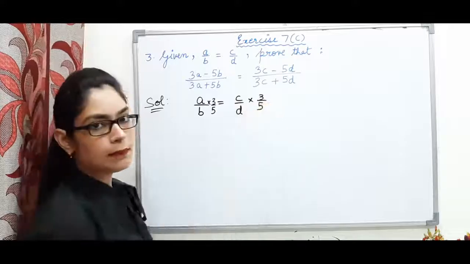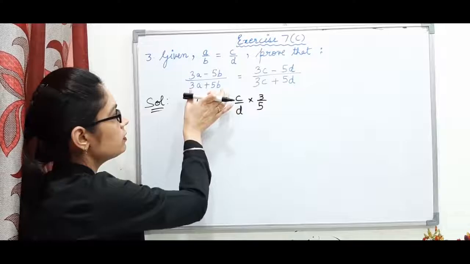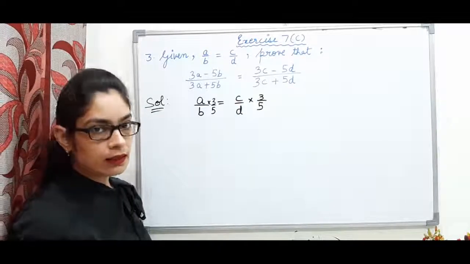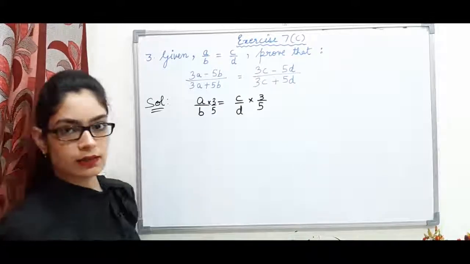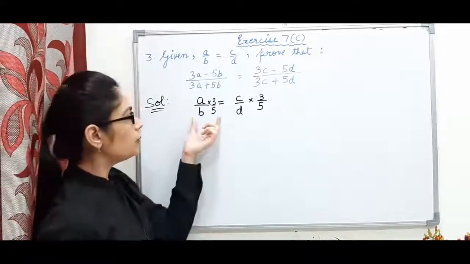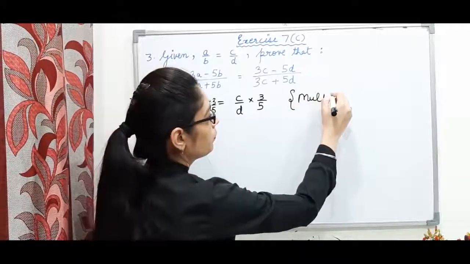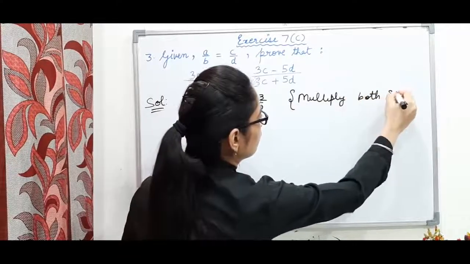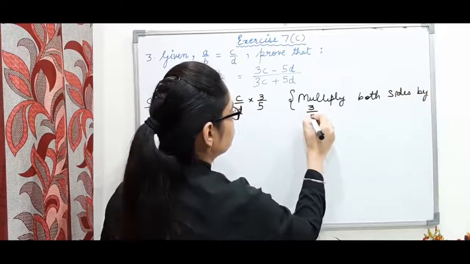Why did we multiply? Because it is our requirement. This is what is needed here. Don't multiply a single side. Whenever we are making any change in the equation, it should be on both the sides. So multiply both sides by 3/5.